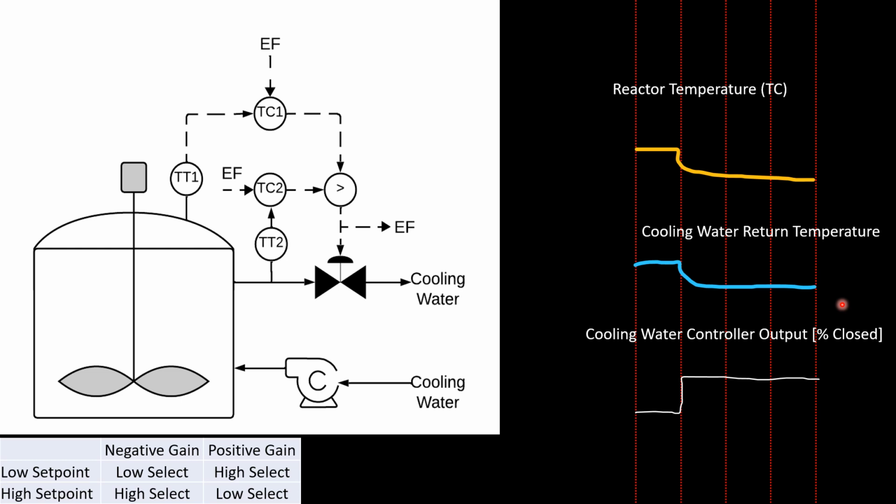So again, since you need a high set point override controller, and there's a negative gain between these two variables, then you need a high select function block to accomplish this, as you can see in this figure here. We will explain this matrix, the set point and gain matrix, in the following slide.